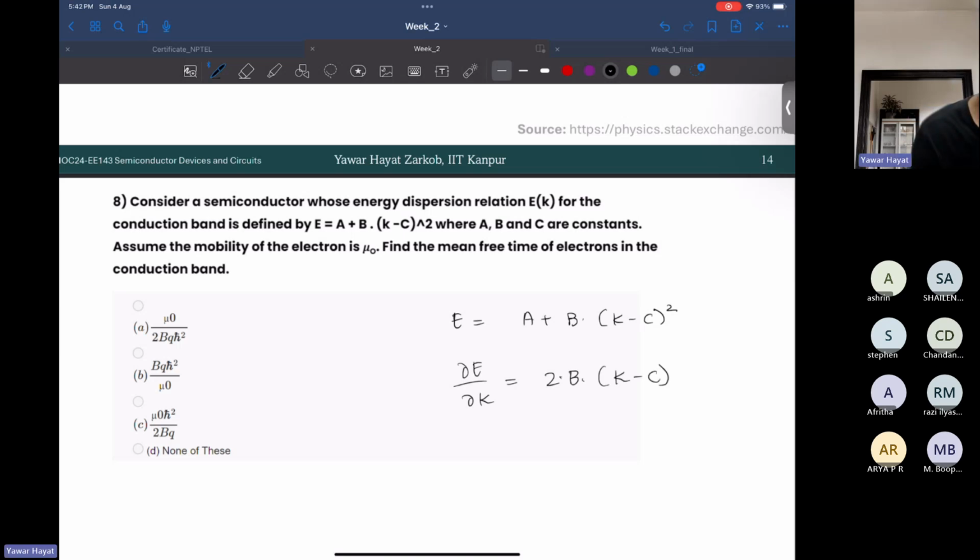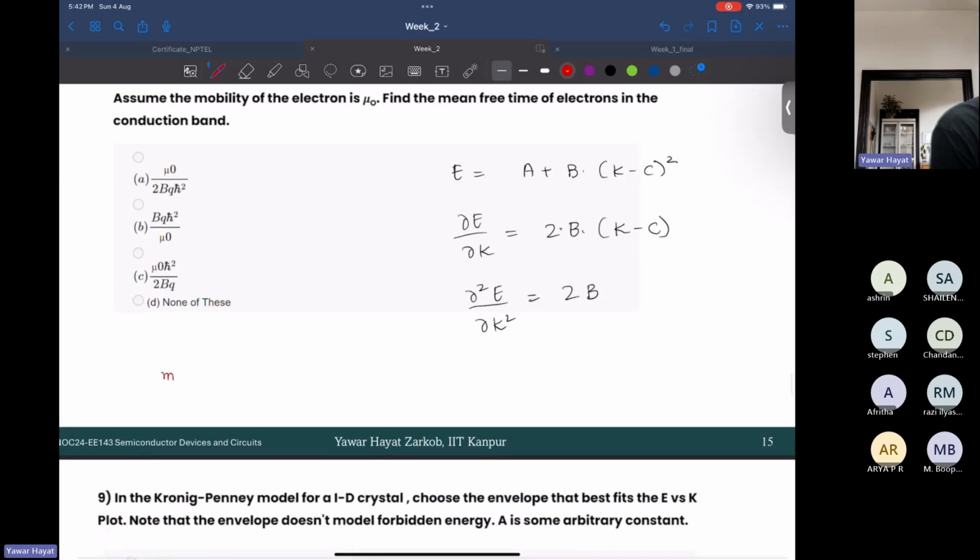And then your dou squared E by dou k squared would be 2b. We know that this m star is h bar square by dou squared E by dou k squared. So this is h bar square by 2b. We know now the effective mass.